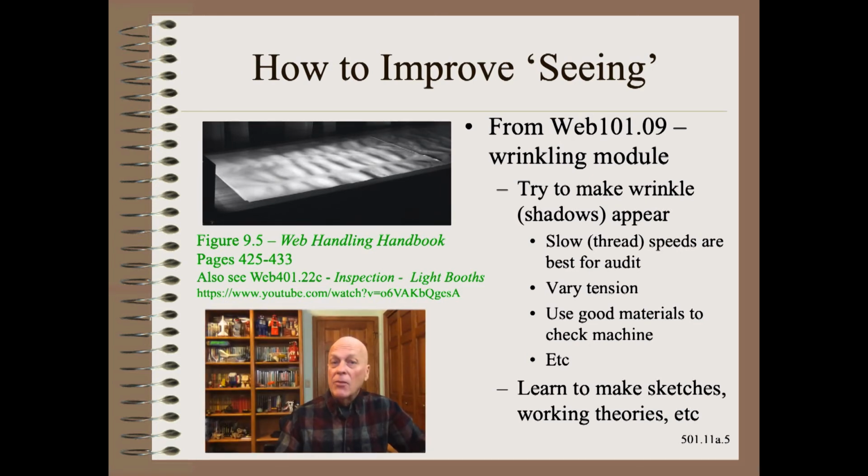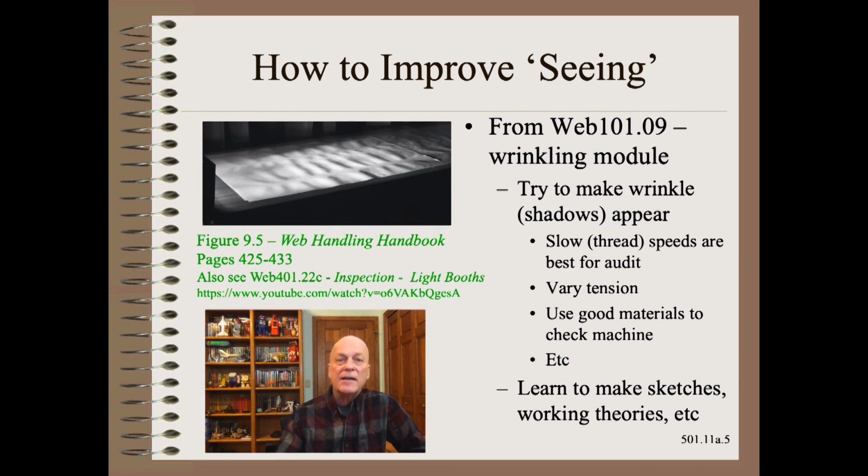The Web Handling Handbook has many pages on how to improve your ability to see wrinkling and thus get ahead of the problem. Figure 9.5 from the book shows just one example of how to use a light booth to separate the web from machine issues. Light booths are further elaborated in my Web 401.22c clip on this All Web Handling channel of YouTube.